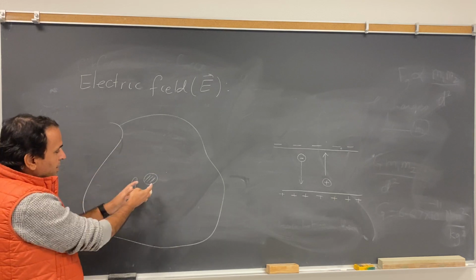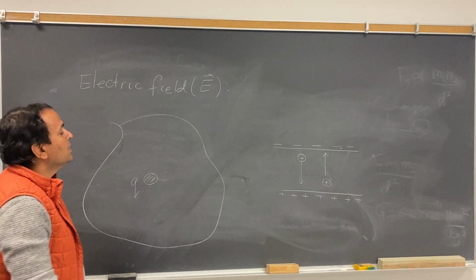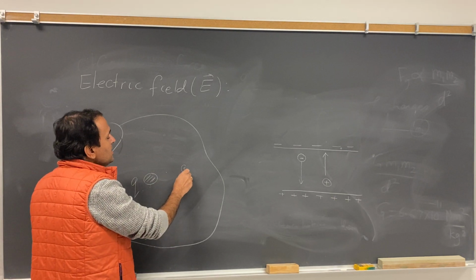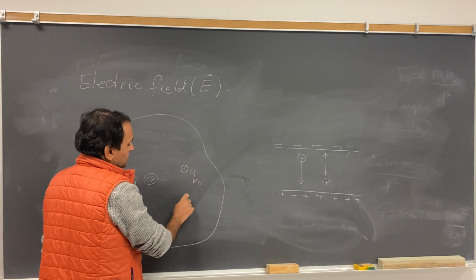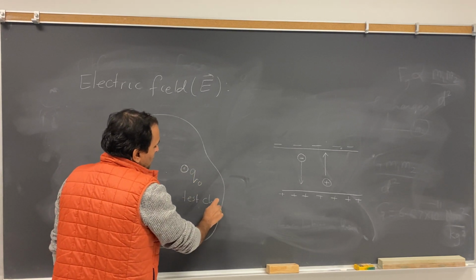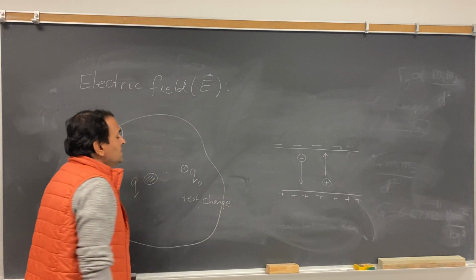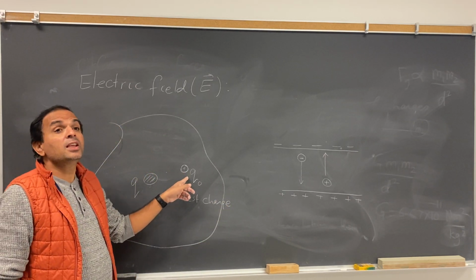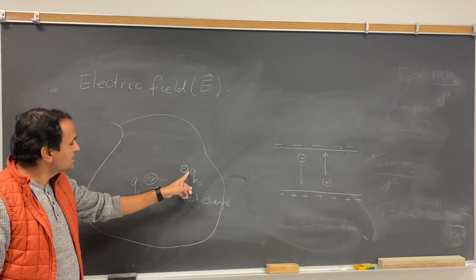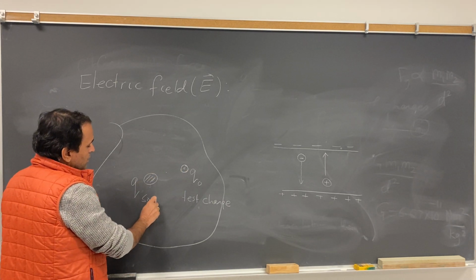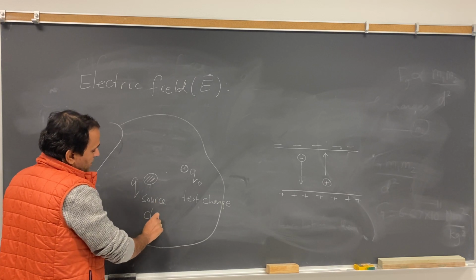You can feel the effect of the charge here. And if you take another tiny, small charge here, we call it the test charge. This test charge experiences a force due to this source charge.